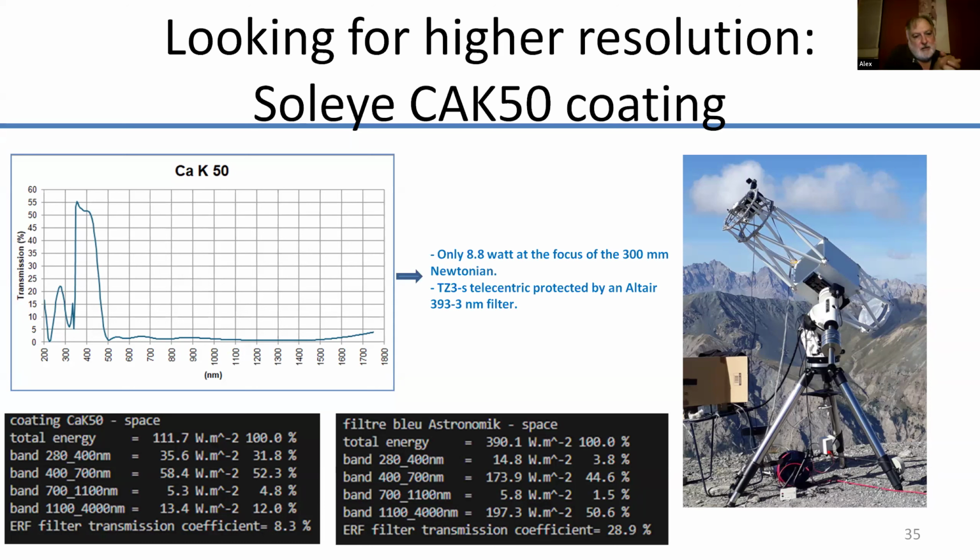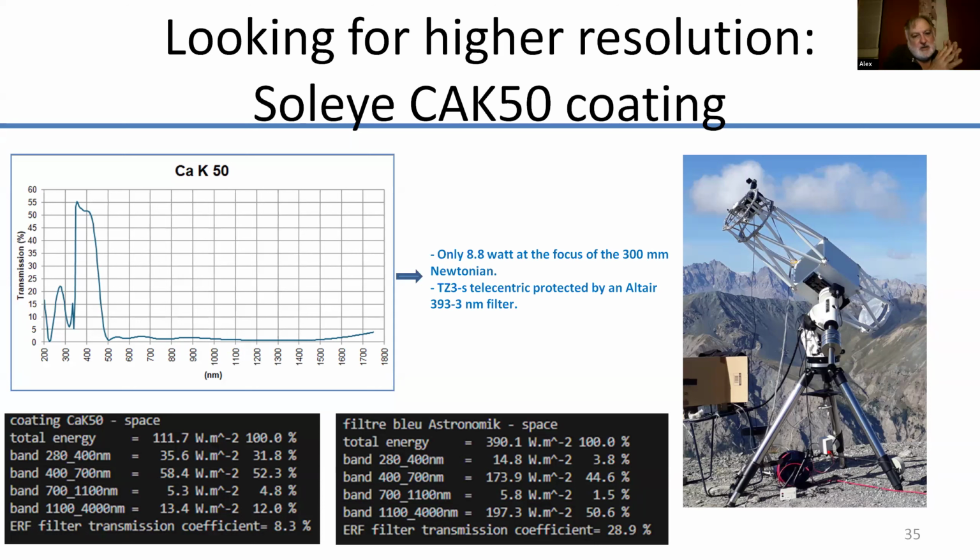My feeling is that because we have much less energy, and I was imagining before using a full aluminized mirror, I really had to manage the heat coming to the secondary, and I tried different ways to manage that. And last year I made a presentation of that. So this year I went for the dual band. At the end, you have much less energy entering the system, and somehow it's much easier.